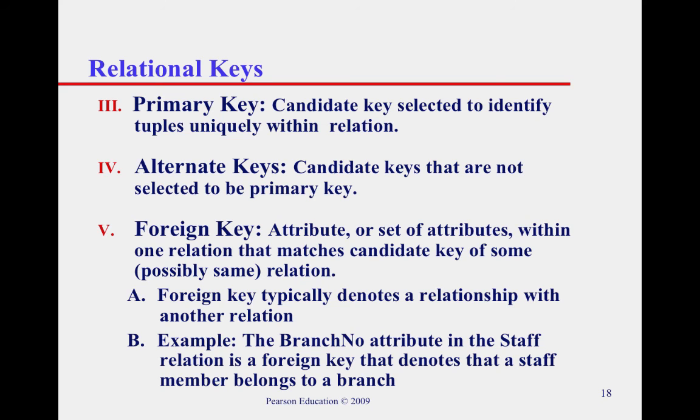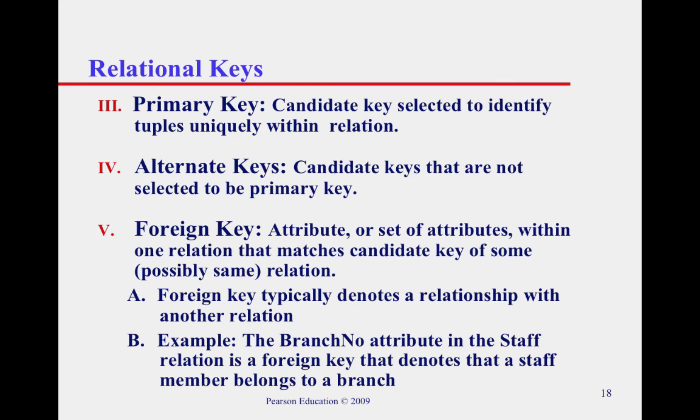Okay, not always, but typically it is an artificial key. And then we say that the alternate keys are the candidate keys that were not selected. So in this case, the combination of street, city, and postcode would be an alternate key for branch.